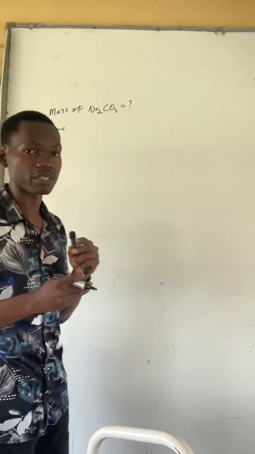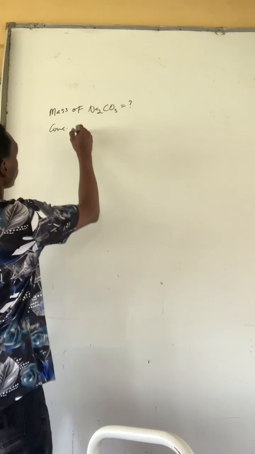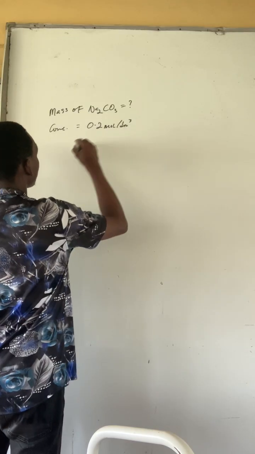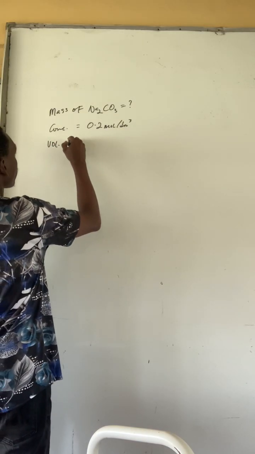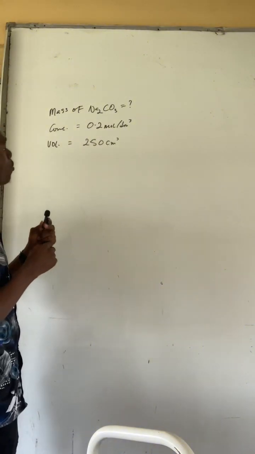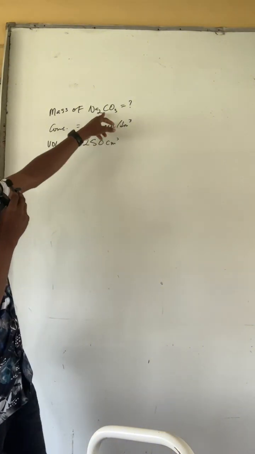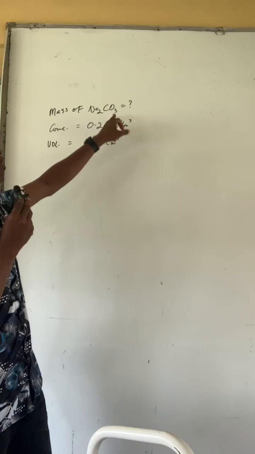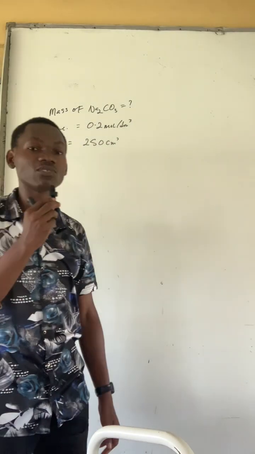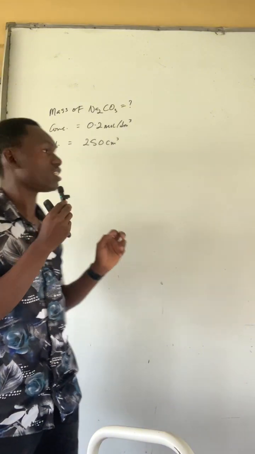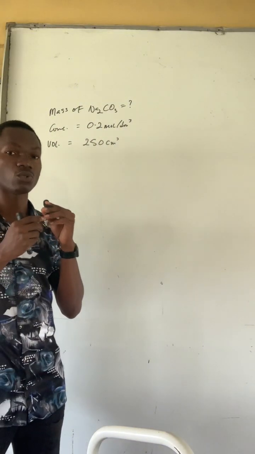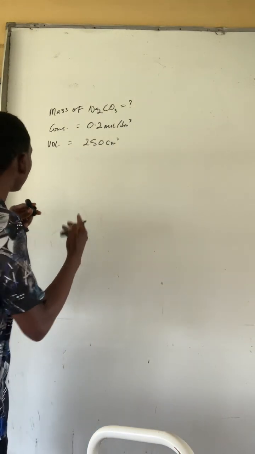After that particular mixture, the concentration that was produced is 0.2 mole per dm cube, and the volume of water used is 250 cm cube. So we use 250 cm cube dissolving an unknown mass of sodium carbonate to produce this solution. The question is, what mass of sodium carbonate was used in reacting with this water to produce this concentration of the solution?